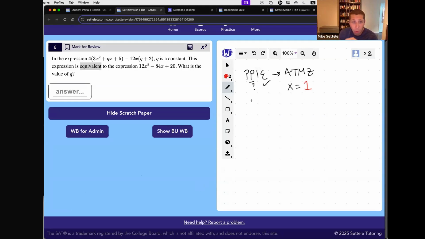Keep working. I'm going to start showing my work here. So that way, if you are a little stuck, you can get a little bit of a boost. So x equals 1.